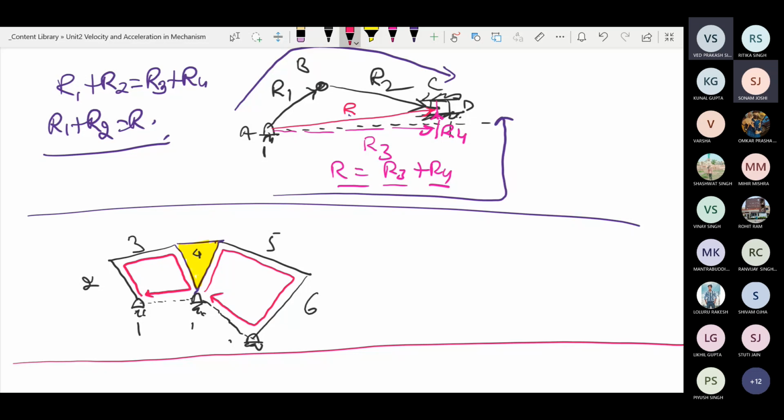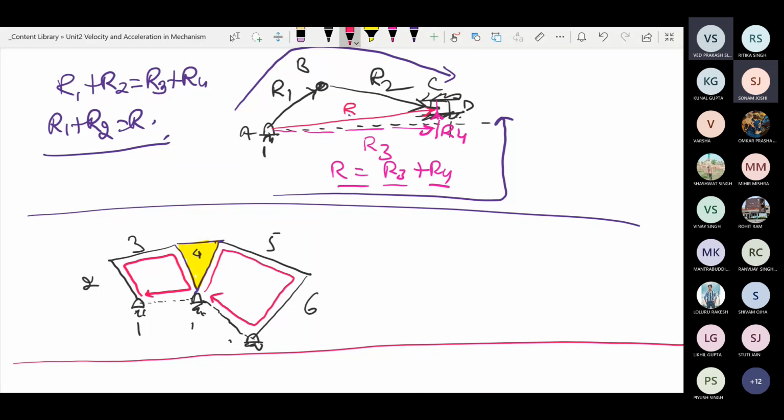Position analysis, the fact is data will be given to you that you have got a 4-bar mechanism. These are the links 1, 2, 3, 4. The length etc. is known to you. One angle will be known to you. So graphically actually you can draw. एक थीटा मिल जाएगा तो आप ड्रॉ कर सकते हो ना.